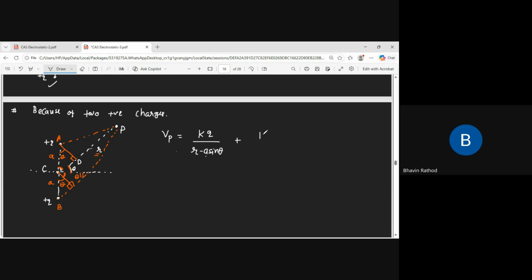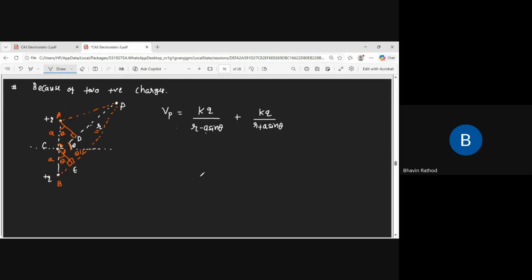And because of the other charge, the distance will be r plus this distance E to B, which is also equal to a sin theta. So that's the potential because of the 2 positive charges.